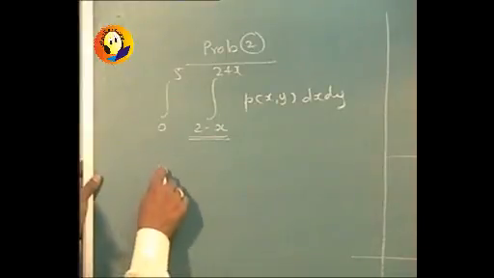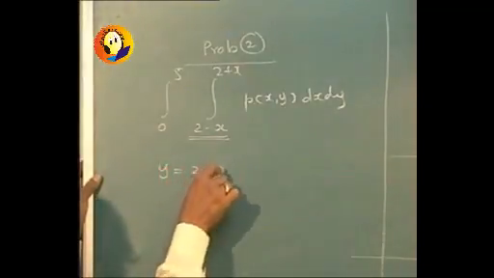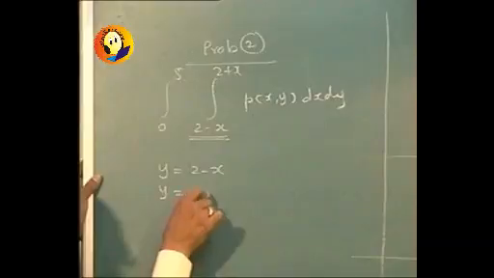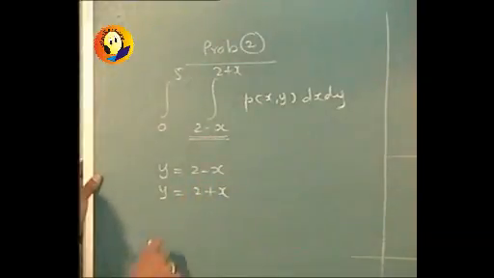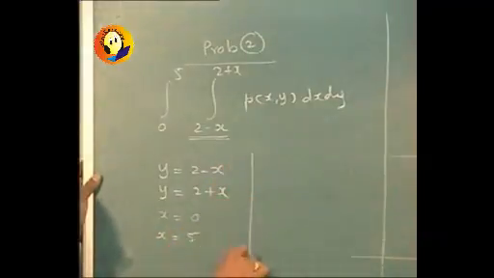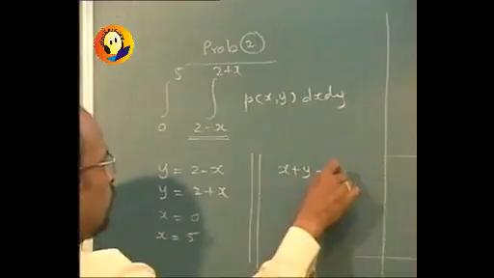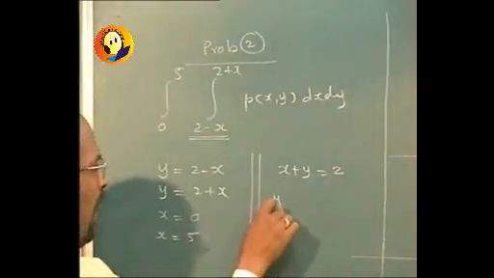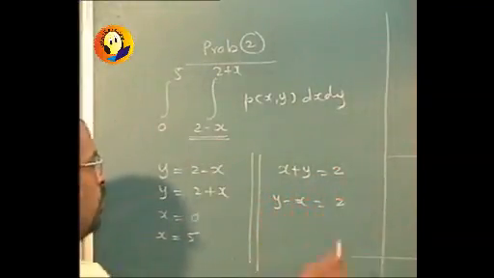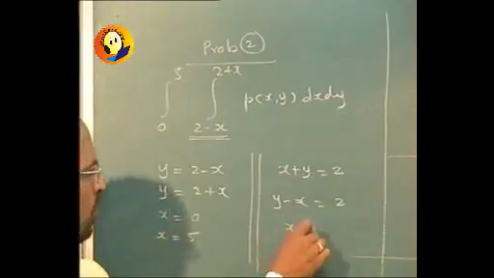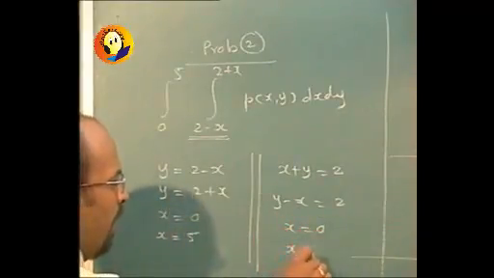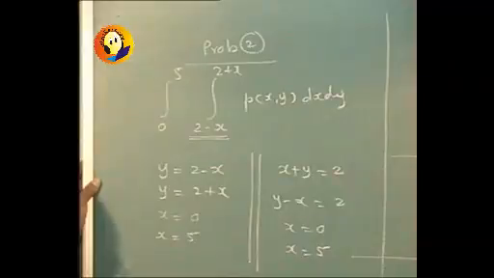On the strip, y varies from y equal to 2 minus x to y equal to 2 plus x, and such strips are taken from x equal to 0 to x equal to 5. The boundary curves are now x plus y is equal to 2, first one, y minus x is equal to 2, the second curve, x equal to 0, third curve, and x equal to 5, fourth curve.